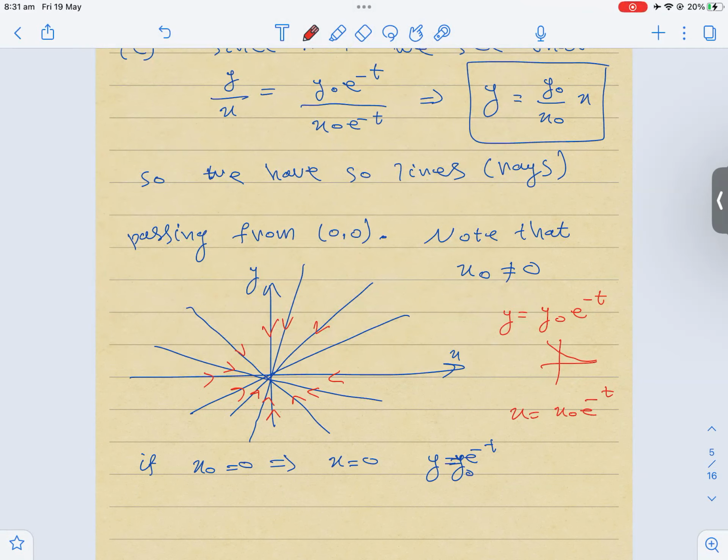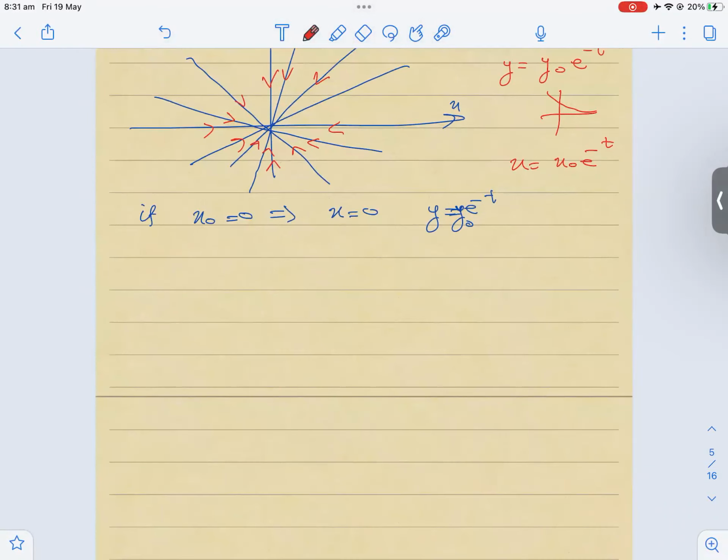Now, part F. Let k be less than 0. So we see that y is equal to y0 e to the minus kt, or y0 e to the minus t to the power k.